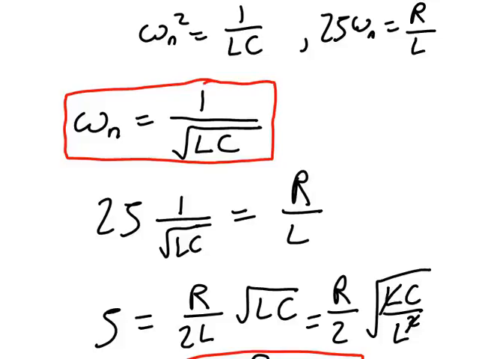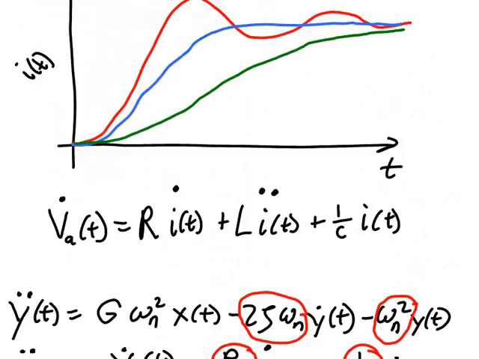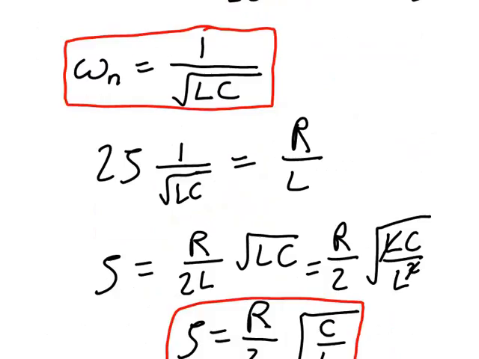Remember that once we know the natural frequency and the damping ratio zeta, all of the other properties of the step response are defined, including the peak time, the rise time, the amount of overshoot, the settling time. All of those things are defined in terms of these two parameters.